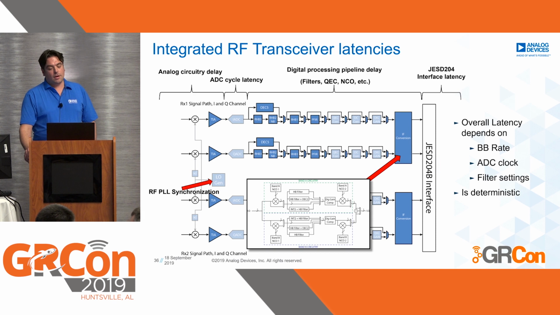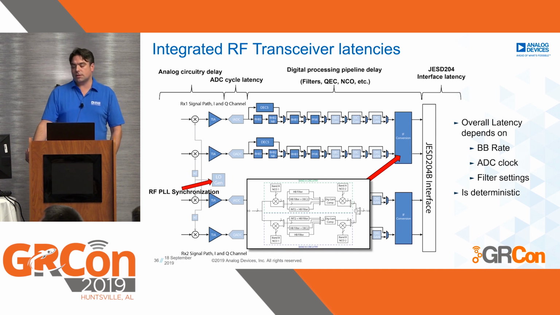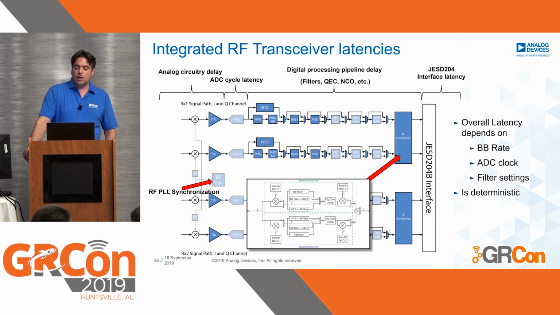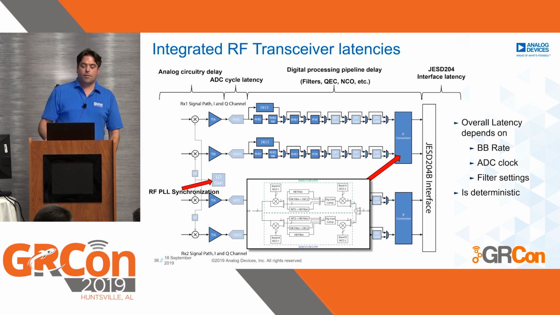And if you don't reset them, you end up with non-deterministic behavior of your system. The latency is fixed and deterministic, but it depends on settings such as the baseband rate, the ADC clock, which of those digital filters are enabled, how many coefficients are in my FIR filter, and whether this correction algorithm is enabled or not.